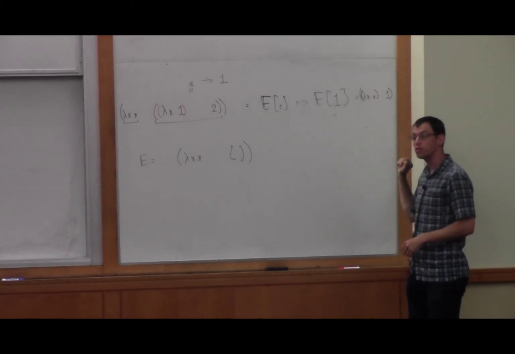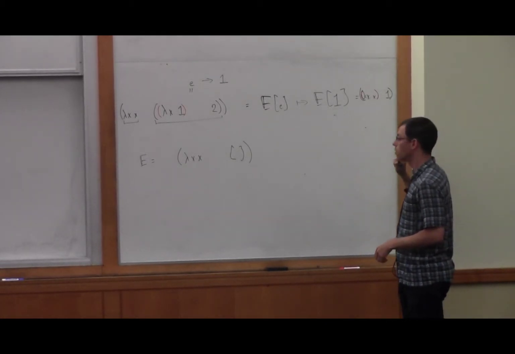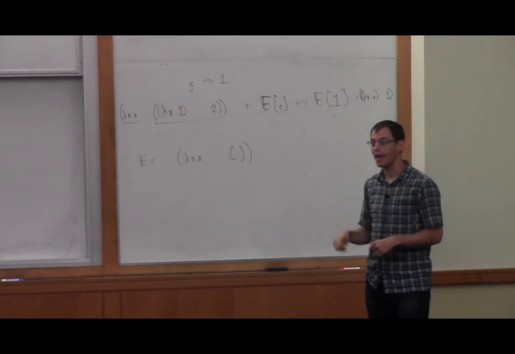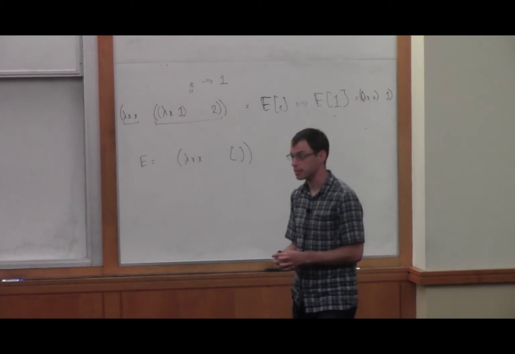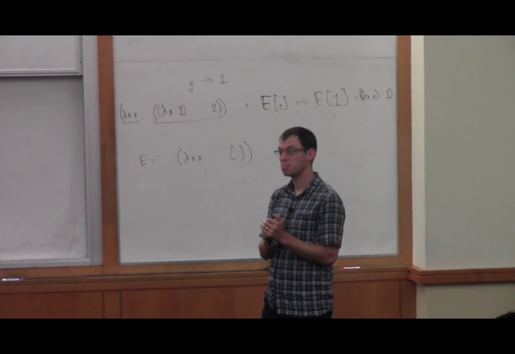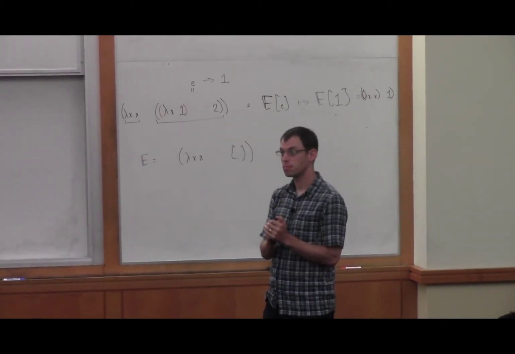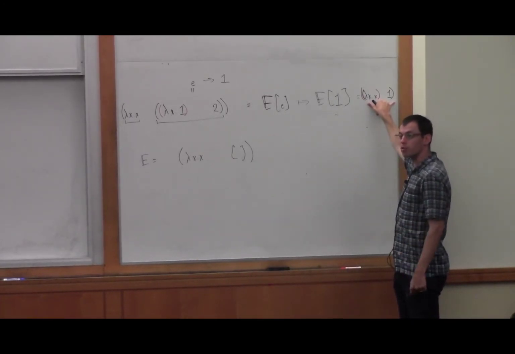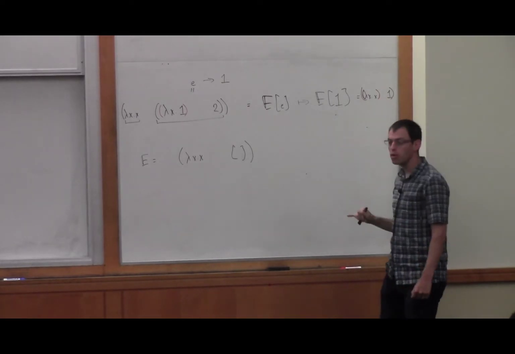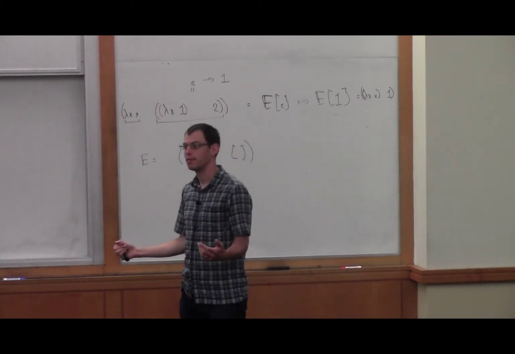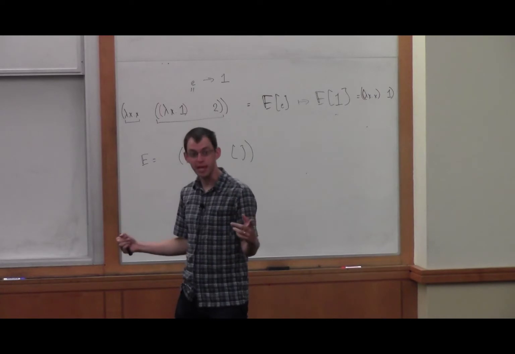And then we can do this again. If we want to break this up into a context and a term that can reduce, a redex, what's the redex going to be? Yeah, so now we can use the beta rule. So how much of this term is the beta rule going to work on? All of it. So then how big a context do we want to have? An empty context.